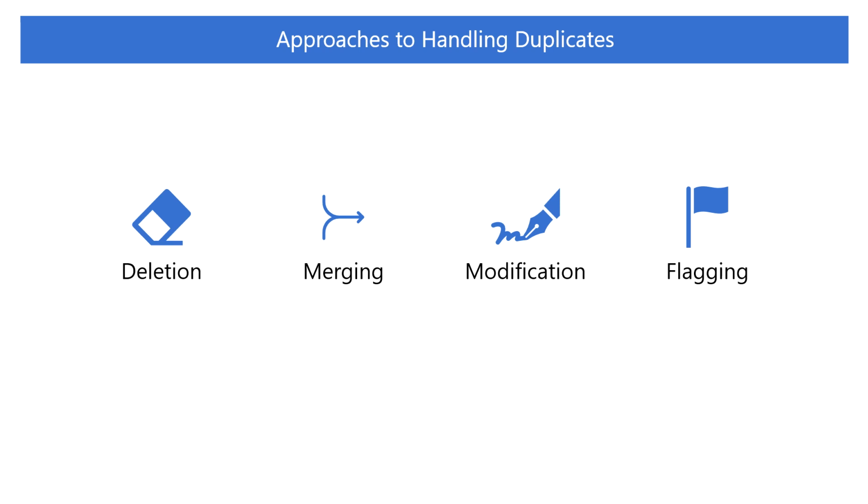The appropriate approach depends on the nature of the data, the specific business or research requirements, and the intended use of the dataset. The primary methods for handling duplicates include deletion, merging, modification, and alternative strategies such as flagging. This section explains these approaches one by one, including Python implementation.